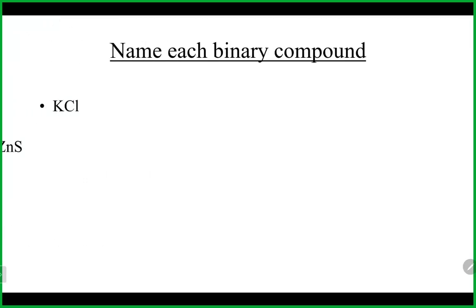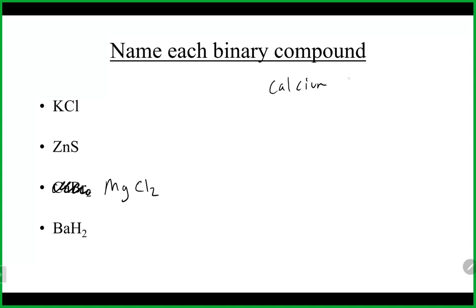All right, so why don't you try some here, or why don't you name those guys? Actually, I think I might have done that one, so let me switch this one. Then why don't you also write the formulas for these? Let me just make some stuff up here. Let's go with calcium oxide.